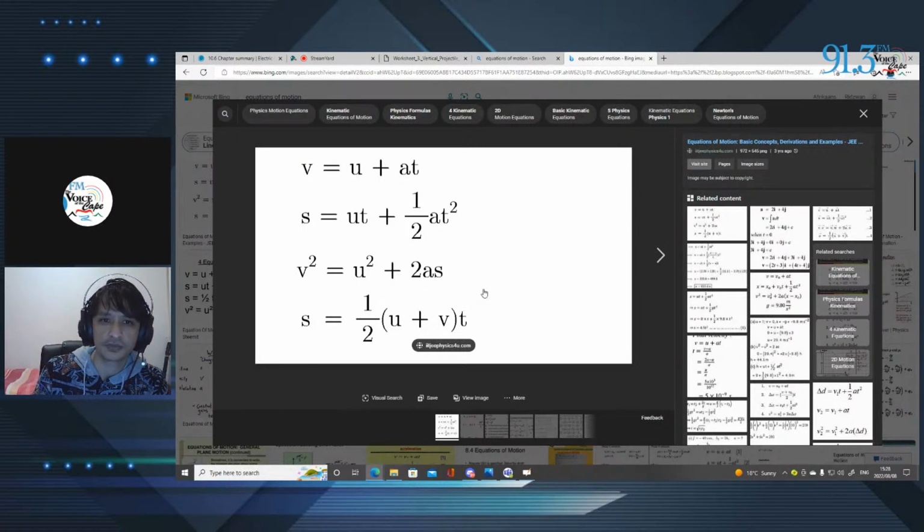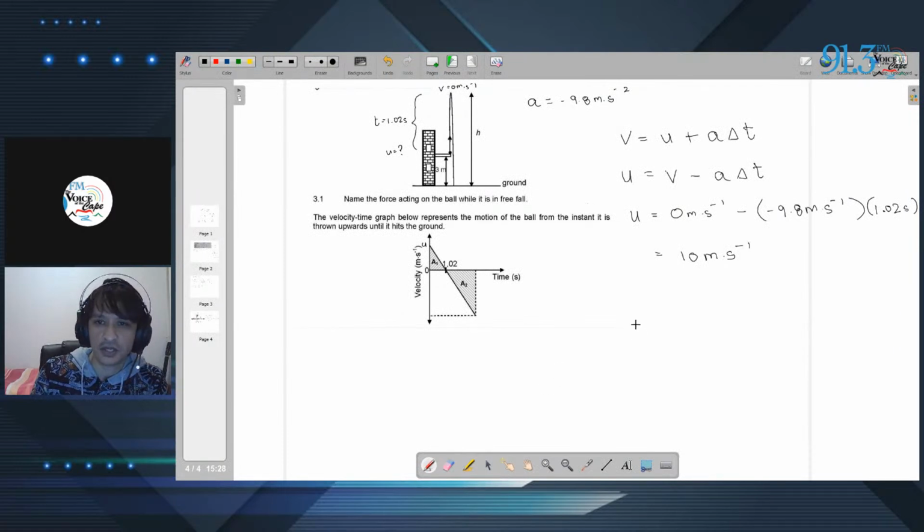So to calculate maximum height, we go v squared equals u squared plus 2as, and s is what we want to find. So we rearrange this equation. 2as is equal to v squared minus u squared.